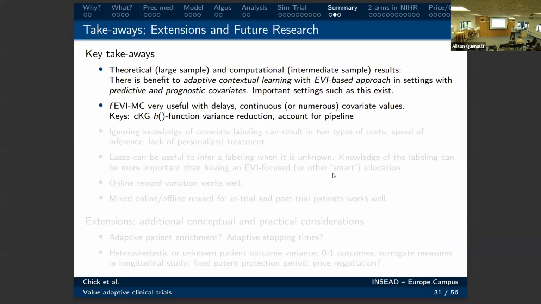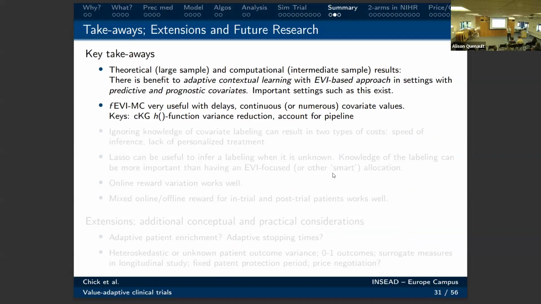So what am I hoping got said here? We have some theoretical results around large sample asymptotics. That's reassuring. We have some nice computational results that show, in the intermediate term, this is an approach that seems to make sense.